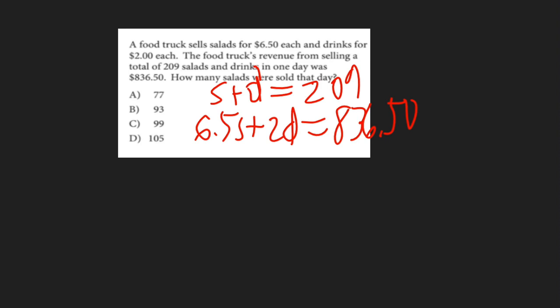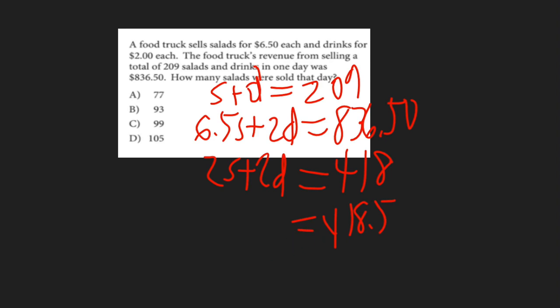Now solving, we get that 2S plus 2D equals 418. 418.5 equals 4.5S. S equals, let's see, 418.5 divided by 4.5, so that equals, let's see.